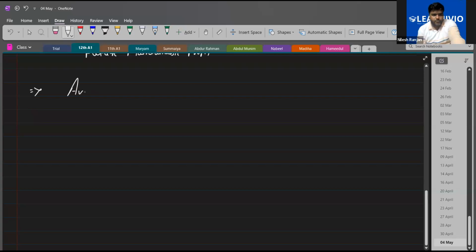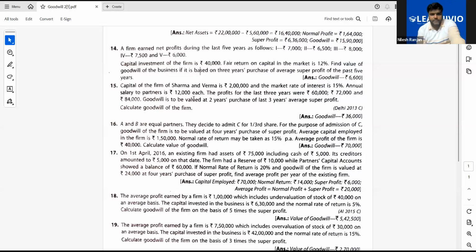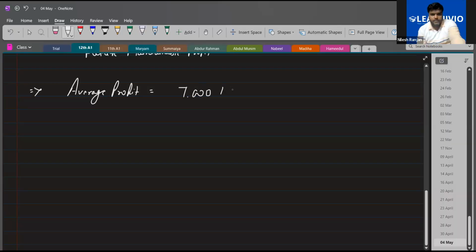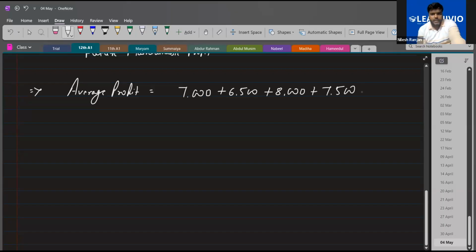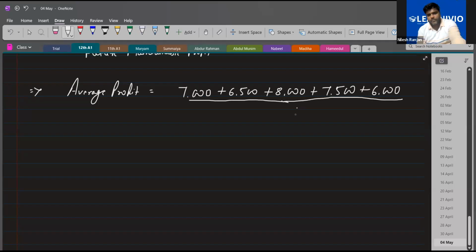So first, average profit. Average profit will be 7,000 plus 6,500 plus 8,000 plus 7,500 plus 6,000 divided by 5.